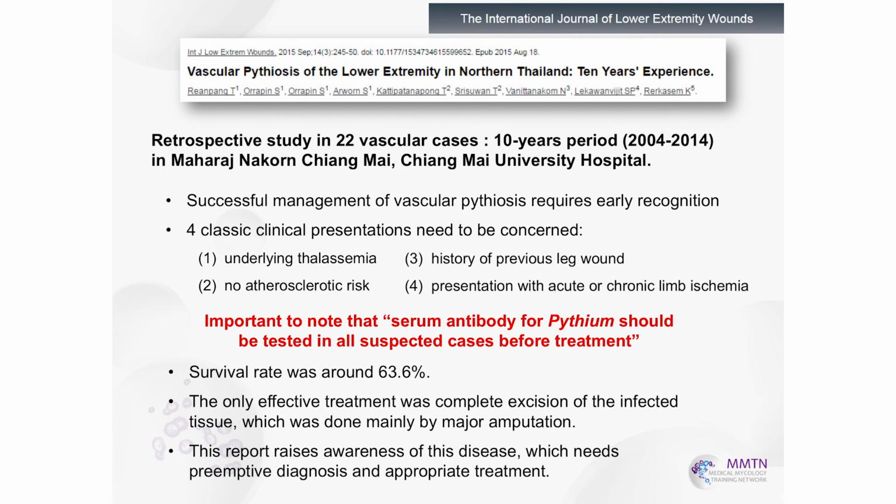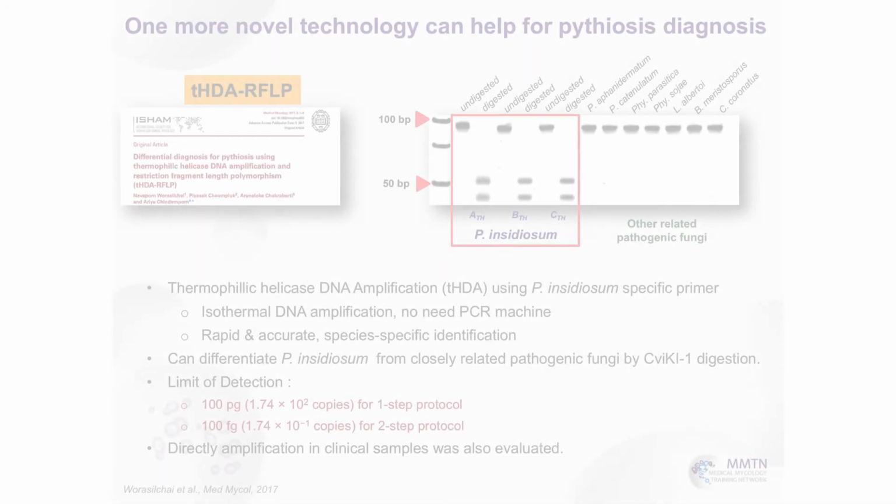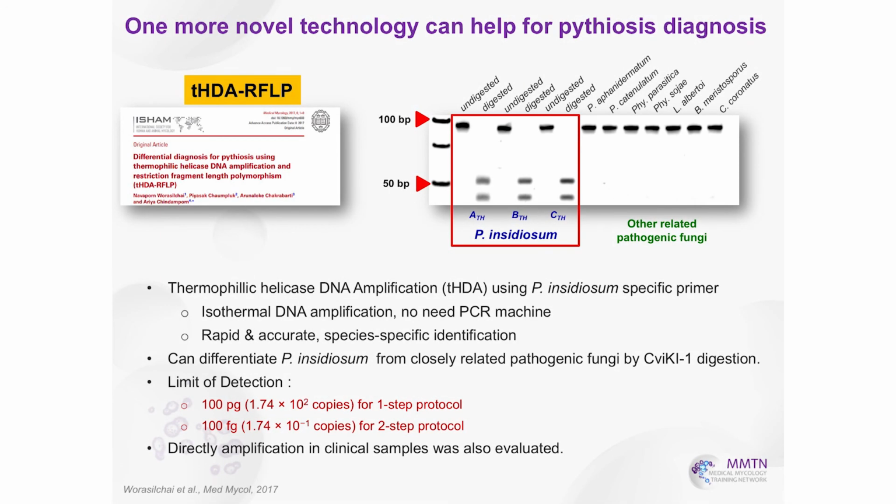This also used PIA combination. The only effective treatment was complete excision of the infected, which was done mainly by the major amputation. And I just would like to share you, this is already published here. Because someone, I heard that you have the limitation of using the PCR. You can use here, thermophilic helicase DNA amplification, or we call THDA in short.